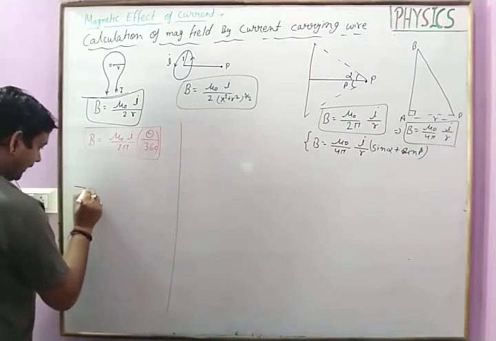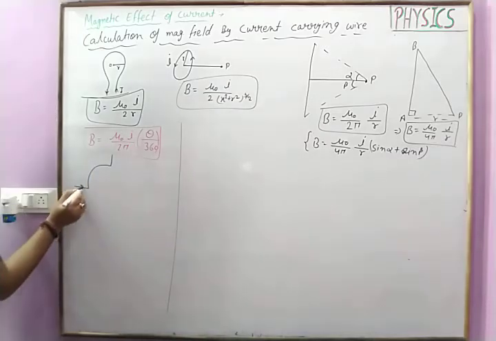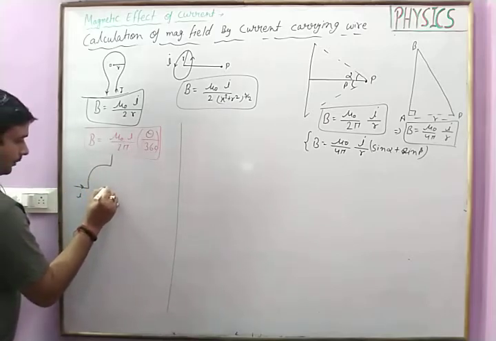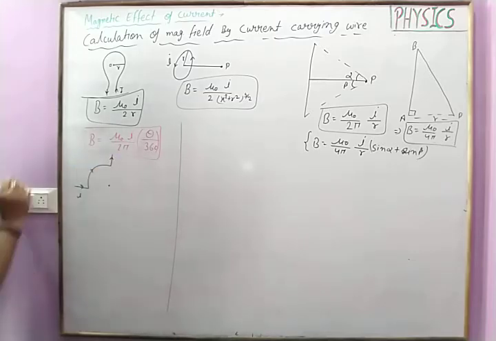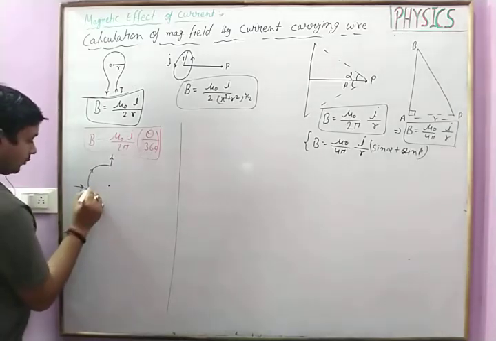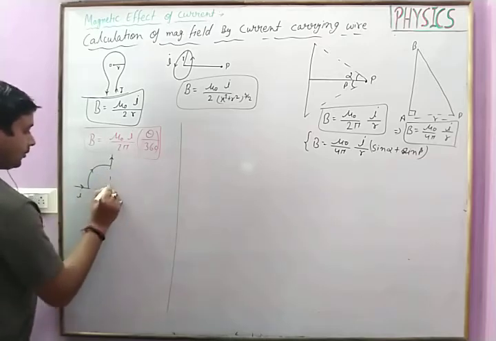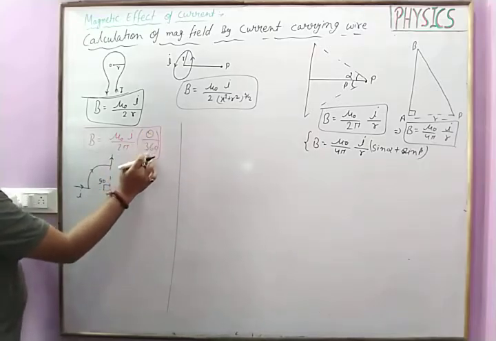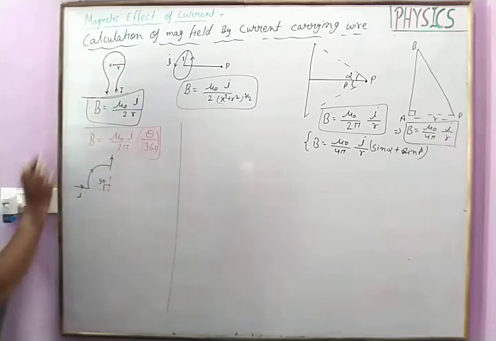If we are given a situation like this, the current is carrying I and we have to determine the magnetic field due to the loop, then we can build the situation: it is like a quadrant, so this angle is 90, so we use 90 upon 360, it becomes 1/4 of the magnetic field due to a circular coil.